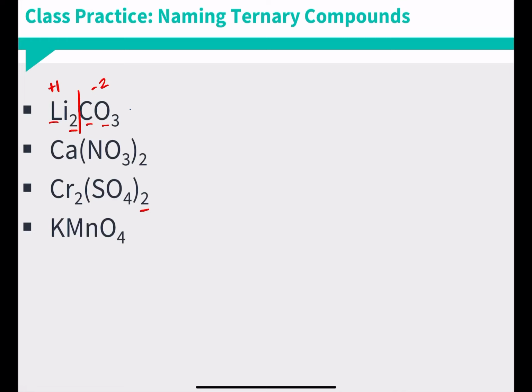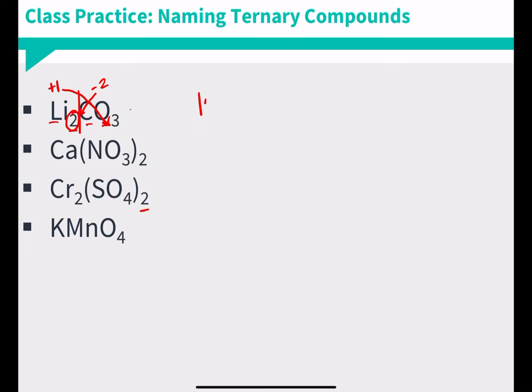Like we did with ionic compounds, we want these charges to cancel out. So we crisscrossed and put that 2 down here. We have 2 lithiums, each +1, to balance out the -2 carbonate that we have.